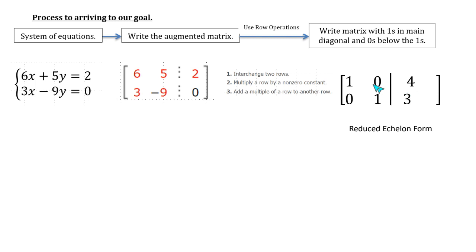And then from here we'll be able to say that x is equal to 4 and y is equal to 3. Now this process is called the Gaussian elimination method, and our goal is to take this matrix and write it in reduced echelon form.